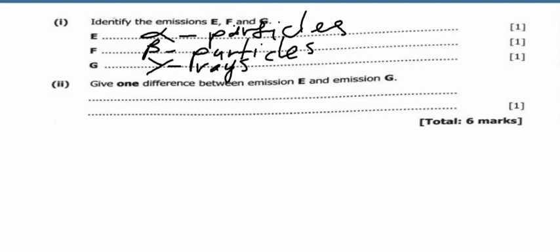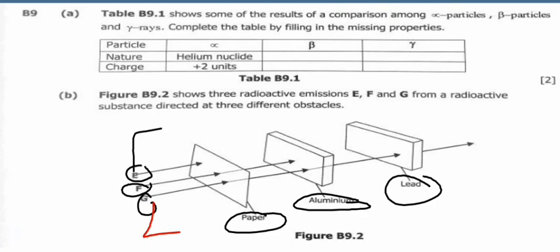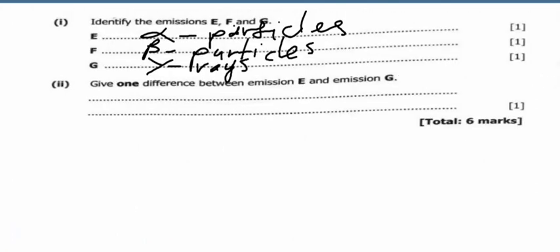Then apart from that one, you can talk of penetrations. According to this diagram here, alpha particles have lower penetration compared to gamma rays. So you can say E has lower penetration, whereas G has strong penetration.